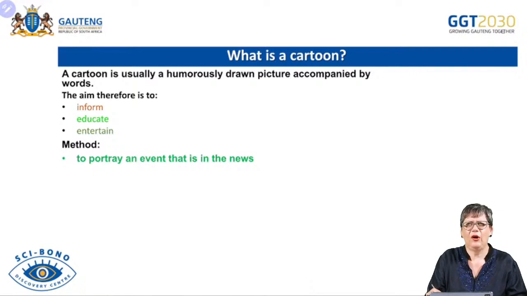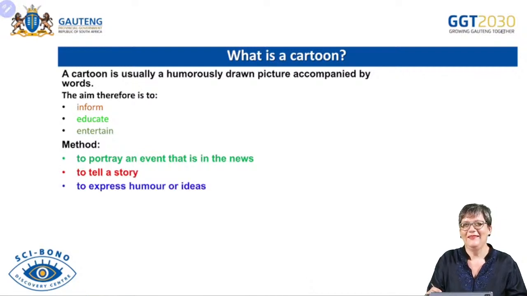Cartoonists might focus on events that happen in the news. As a grade 12 learner, you have to know what's going on in your life, not only your life, what's going on around you. So make sure you watch the news. Why? Because those events might be portrayed in a cartoon. It might tell a story.